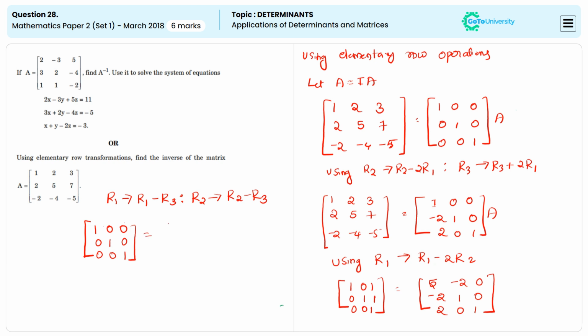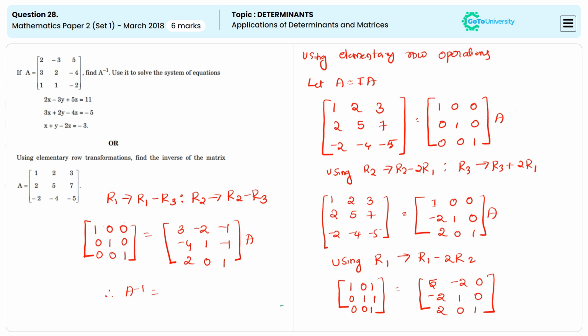We get on the right hand side, we get 3, minus 2, minus 1, minus 4, 1, minus 1, and then 2, 0, 1. This entire thing multiplied with A. Therefore, A inverse will be, A is multiplied with the matrix and we're getting identity matrix.